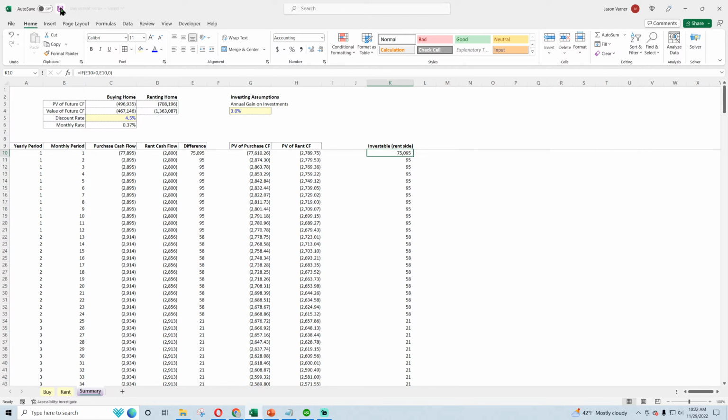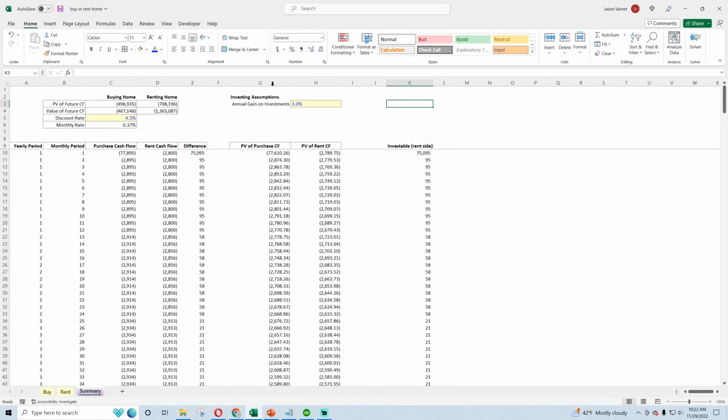And it just depends on your assumptions about your investment or what you do with this gain. And this can be over here. I'll do some formatting to make this cleaner at the end. So investable side, so we say annual rate of 3%.